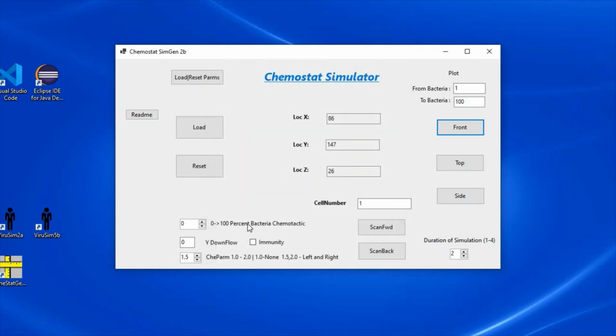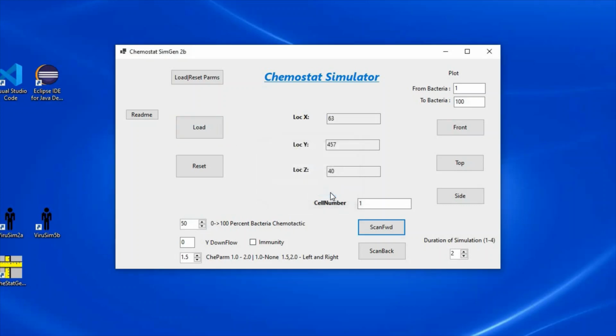You can make it 50% chemotactic, in which case 50% will be blue and 50% green, and only some of them will be chemotactic. So actually, let's go up to 50%. Then load.